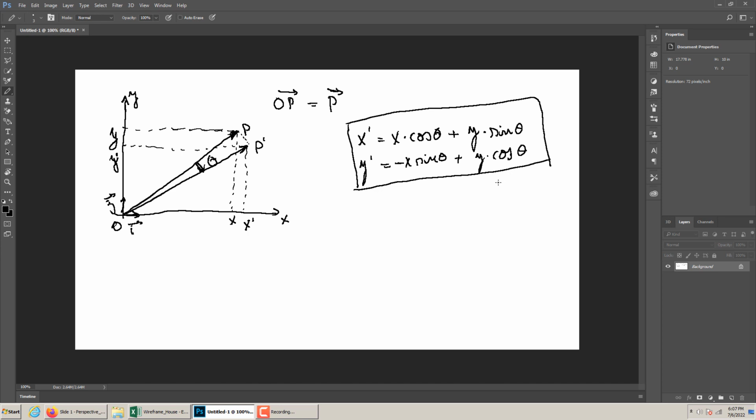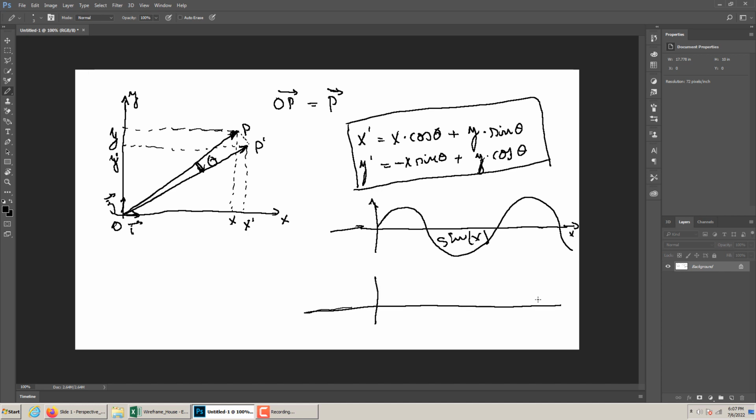So having this in mind, and again you can go to any website, anywhere on the internet, just type 2D rotation formulas, the two-dimensional rotation formulas, and you get here. The sine function is something like this, and so this is sine of x, and cosine is exactly like sine, except it is dephased a little bit, like this.